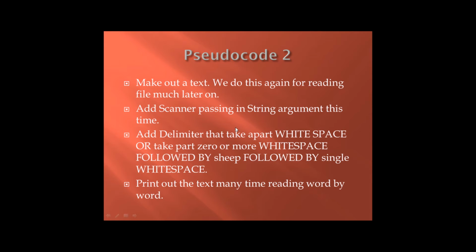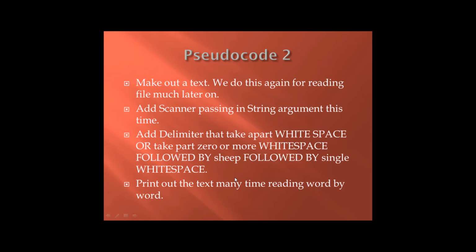Now for the second pseudocode, make a text. Yeah, make a text. We do this again for reading a file much later on, but for text from now on. As for scanning, this time we're going to pass in this text as the argument.